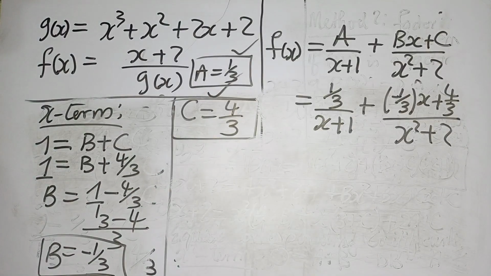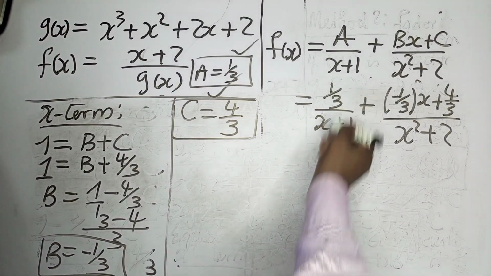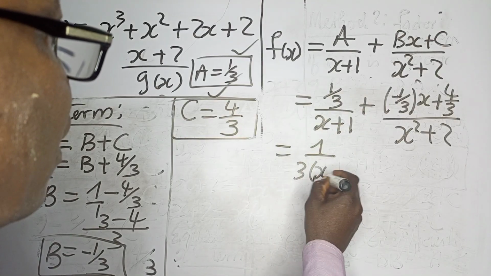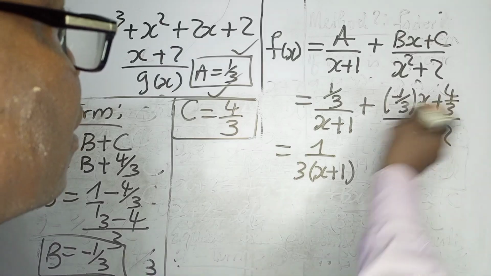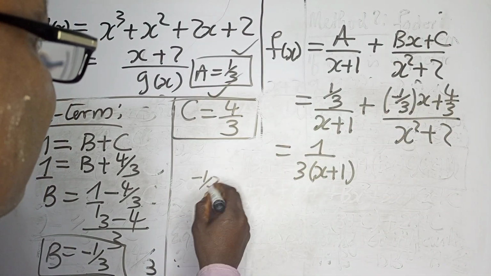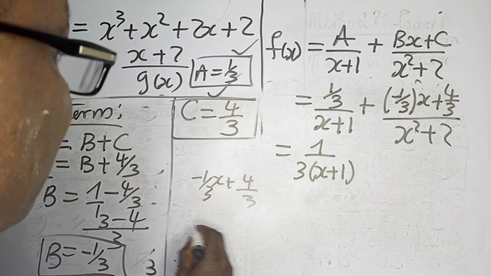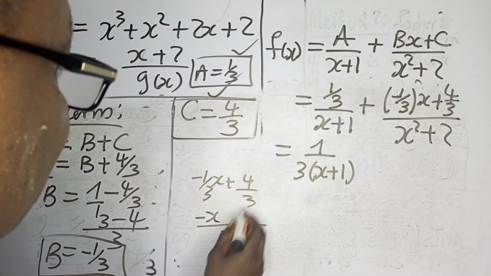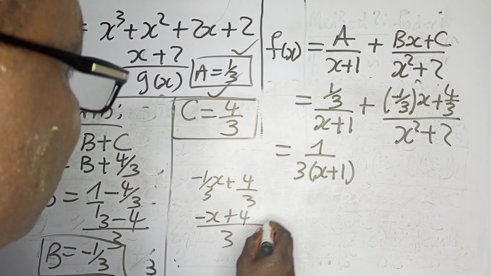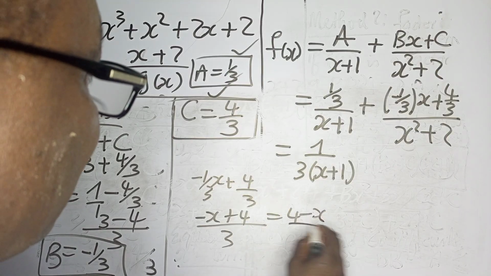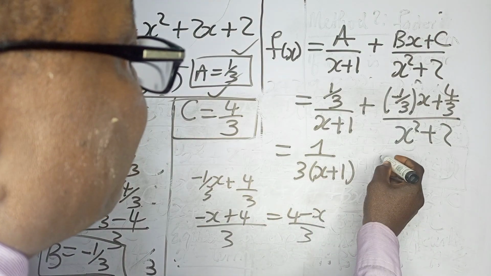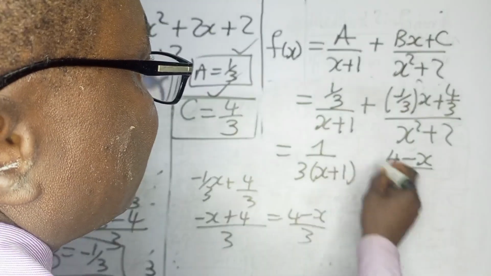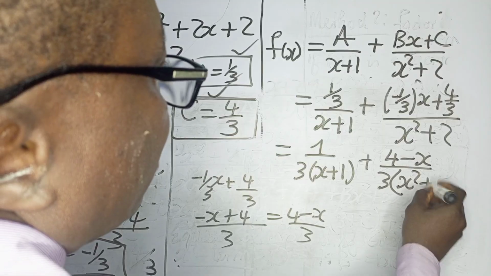Now, this simplifies to, the 3 comes down, we'll have 1 all over 3 into x plus 1. And then negative 1/3 x plus 4 all over 3. LCM is 3. 3 divided by 3 is 1, multiplied there is negative x. 3 divided by 3 is 1, multiplied to 4. So this can also be written as 4 minus x all over 3. So we have here 4 minus x all over 3 into x squared plus 2.